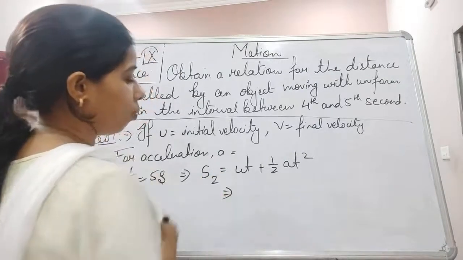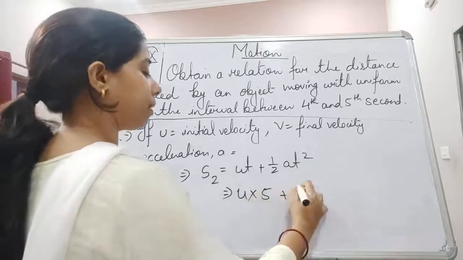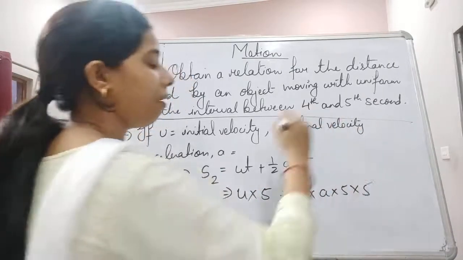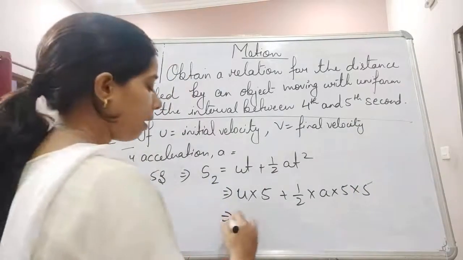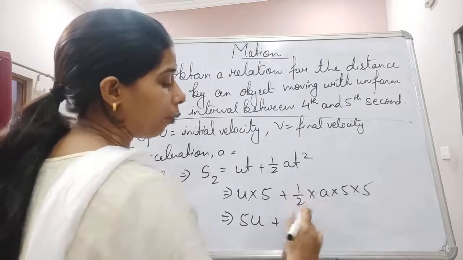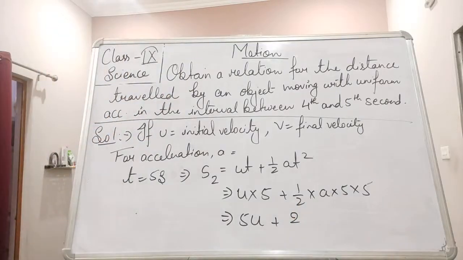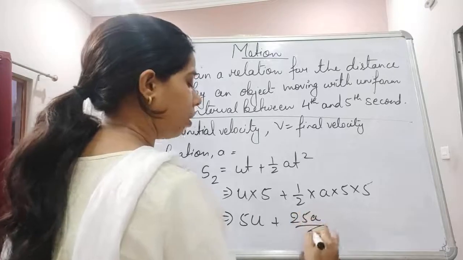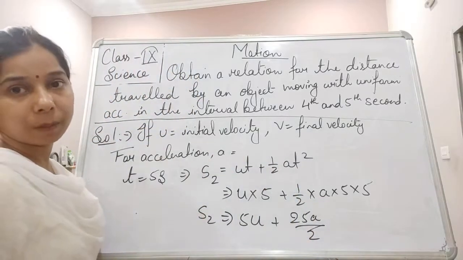S2 is equal to u into time, that is 5, plus half into a into 5 into 5. This will become 5u plus 5 into 5, 25a upon 2. This is the value of S2.